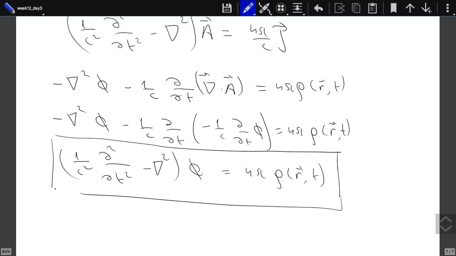So basically, φ and the components of A satisfy similar equations, which is kind of nice.